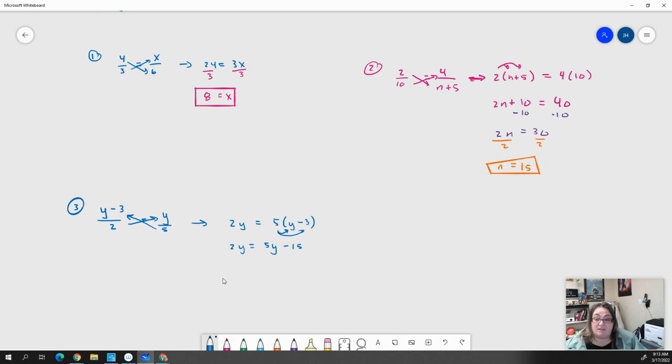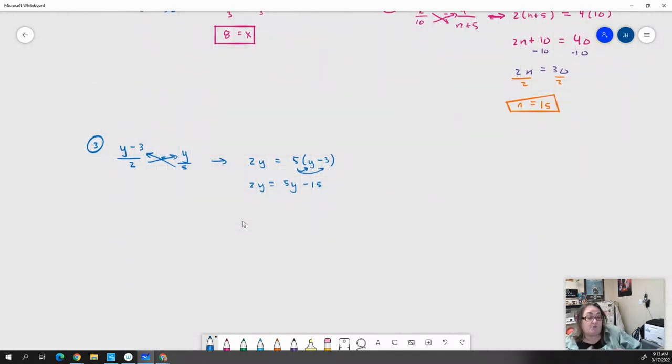And now we're going to get all our y's on one side. Remember that last assignment we had variables on both sides of the equal sign, and we just have to move them over. Now I'm going to start by subtracting 5y from both sides because I personally like to have my variables on the left. Some people don't care, but I like them on the left. So this is going to give me negative 3y equals negative 15.